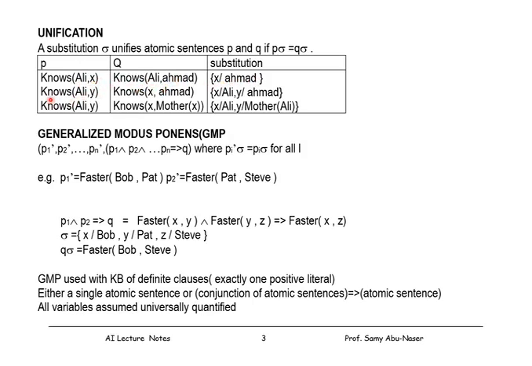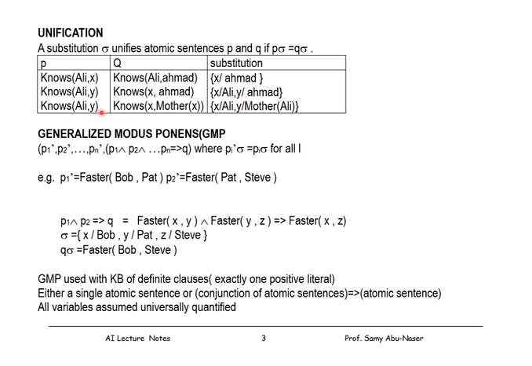There is another example: Knows(Ali, Y) and Knows(X, Ahmed). We talk about the same predicate here. X is substituted with Ali and Y is substituted with Ahmed.